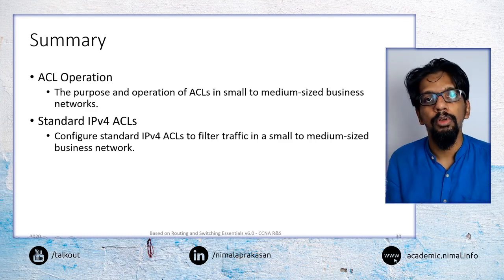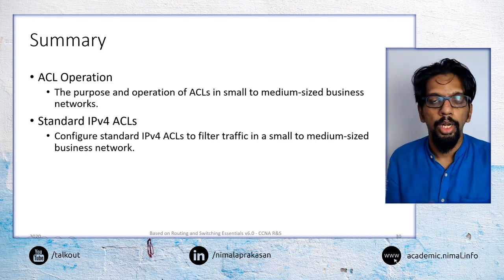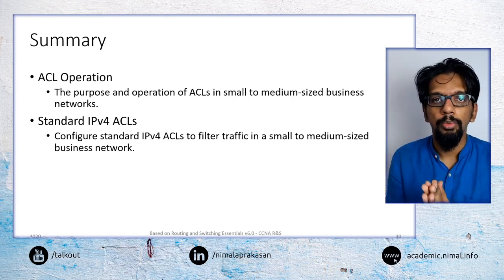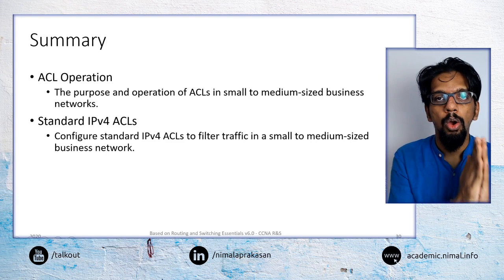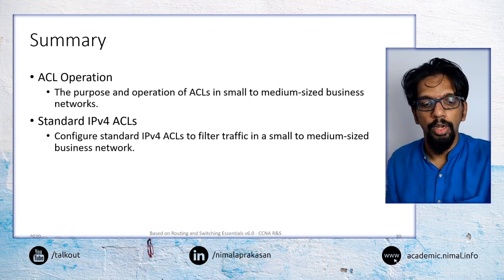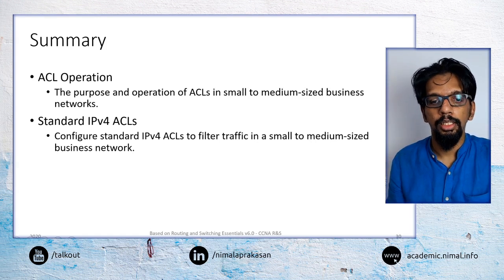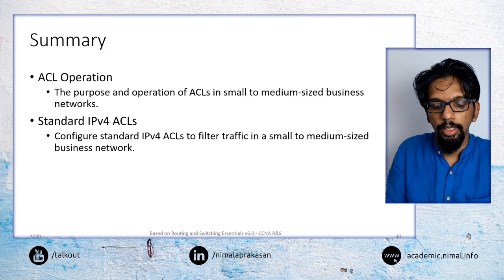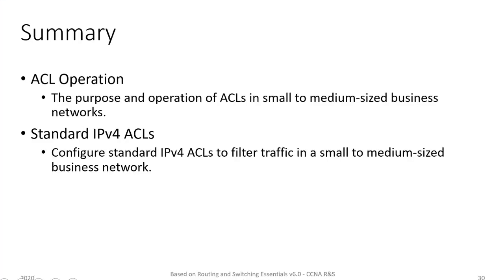We may cover them in later courses or later parts of the course. But the main thing to remember is that standard ACLs are only about the source address. So with that, we may conclude our discussion of ACLs.